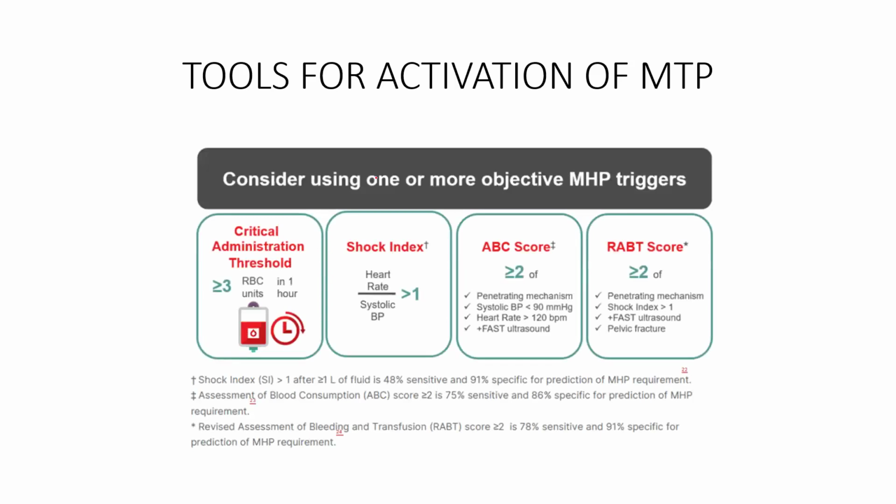There will be questions on what is critical administration threshold. Remember, this will be asked in your viva. If they ask you what is CAT in trauma, the CAT in trauma is critical administration threshold, that is transfusion of more than or equal to 3 PRBCs in 1 hour period. So this indirectly gives you an understanding that you need to activate MTP.